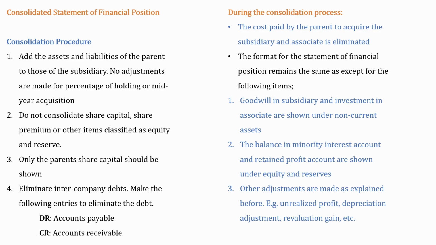That is, if the parent owes the subsidiary some money, or the subsidiary owes some money to the parent, one company records it as accounts receivable, the other company records it as accounts payable. So they're supposed to cancel out, because it is the same amount involved.